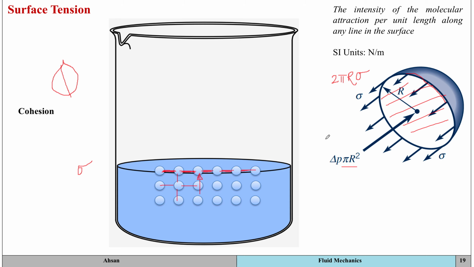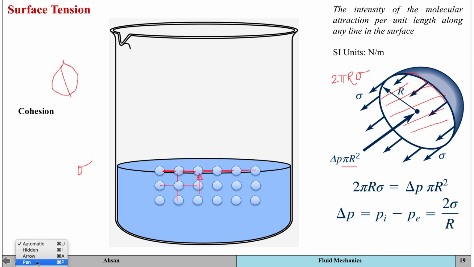Delta p here is equal to Pi minus Pe, where Pi is the internal pressure and Pe is the external pressure. For equilibrium to hold, they should be equal to each other, and from here you can simplify this into this equation, where again Pi is the internal pressure and Pe is the external pressure.